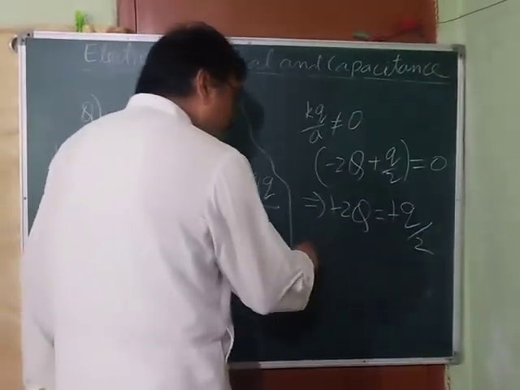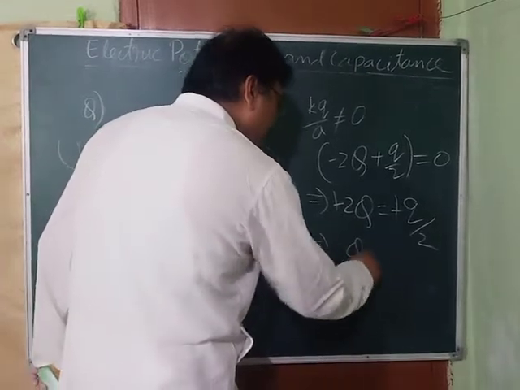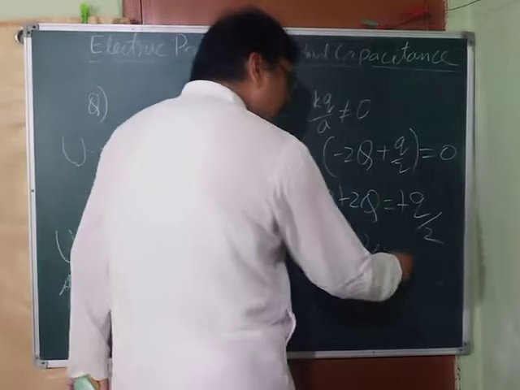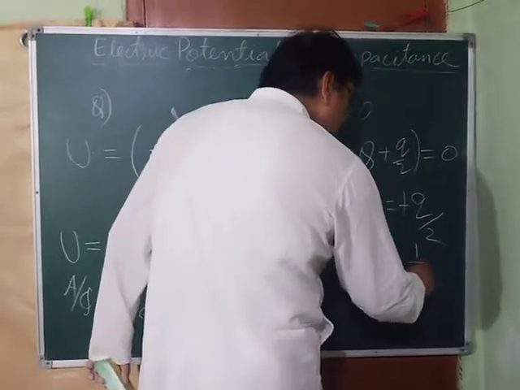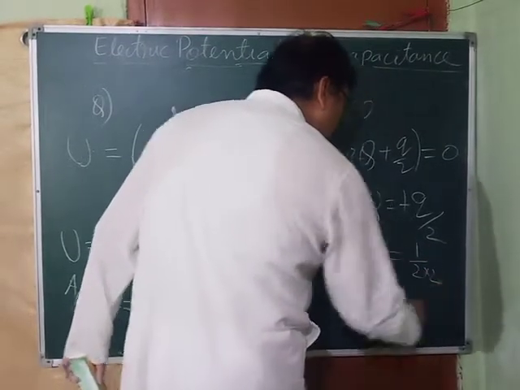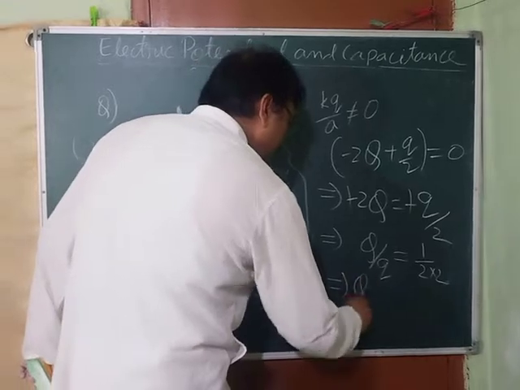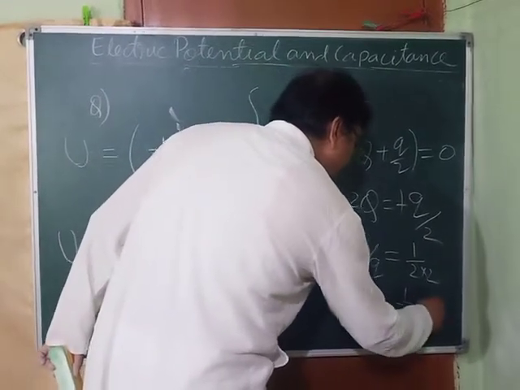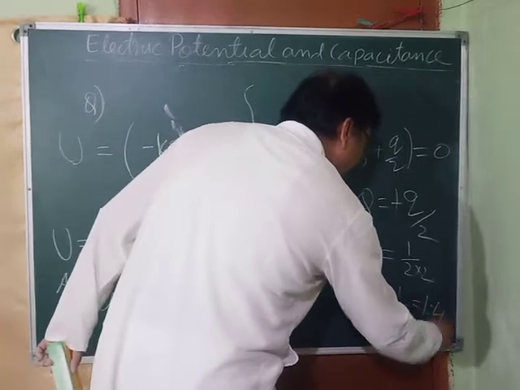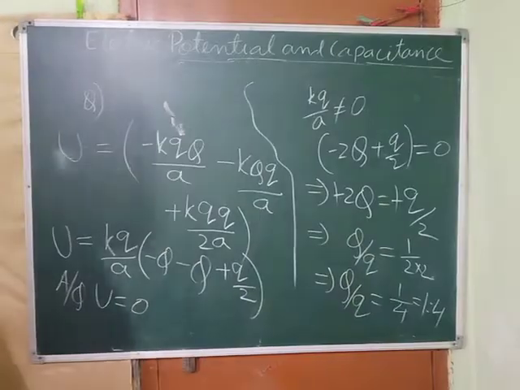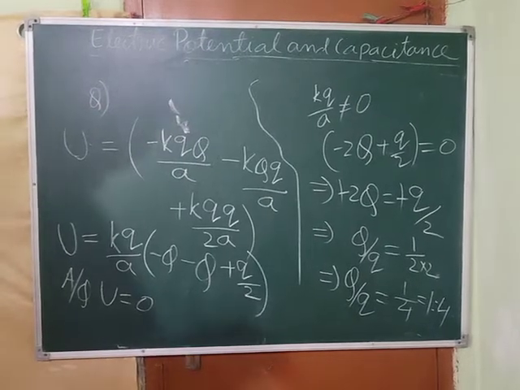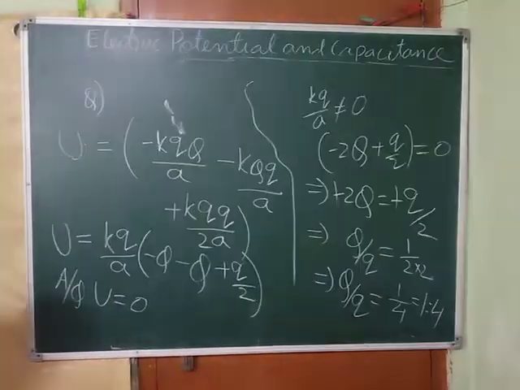Capital Q by small q is equal to, this 2 is multiplied here so it will go to this side and get divided, so 2 into 2. So Q upon small q is 1 upon 4, that is 1:4. Just see it, try to understand, and do it.